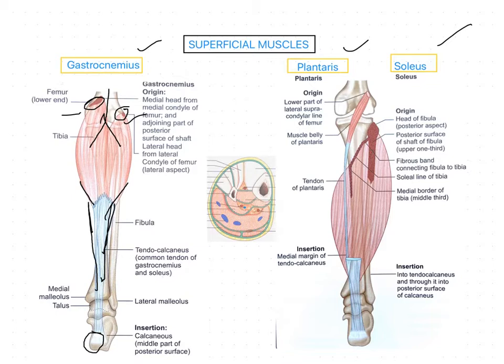Now we will move on to the plantaris. The plantaris is a short muscle with a long slender tendon. It arises from the popliteal surface of the femur above the lateral condyle.